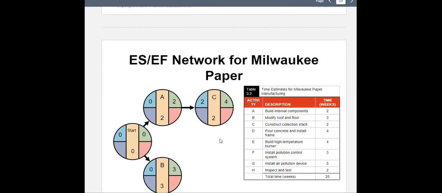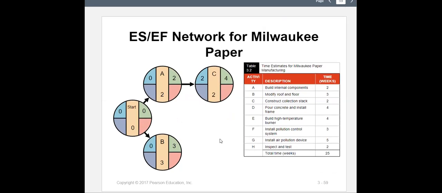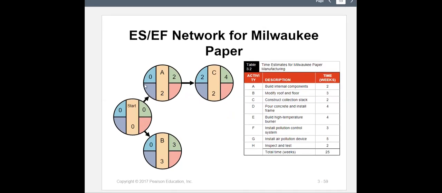C only has one earlier task, and that's A. So as soon as you finish A, you can start C. How long does it take to finish A? 2 weeks. So that 2 goes here for the earliest start. The earliest finish of A becomes the earliest start of C, because C is only dependent on A. If there is another node that C is dependent on, then we take the maximum.